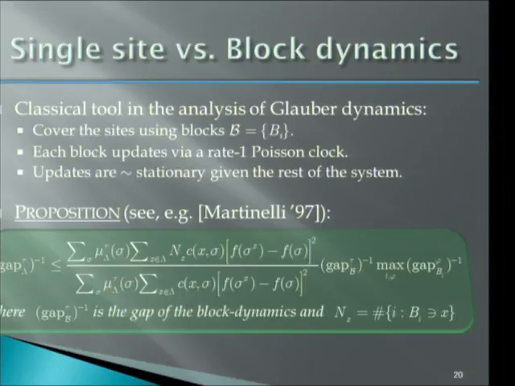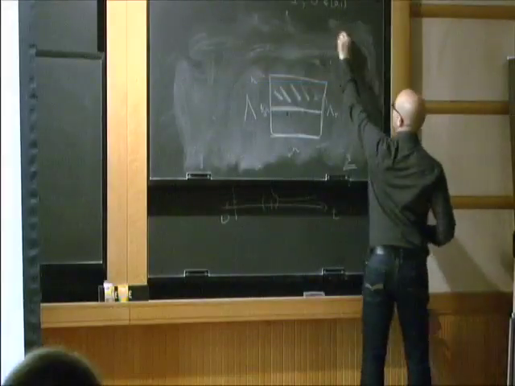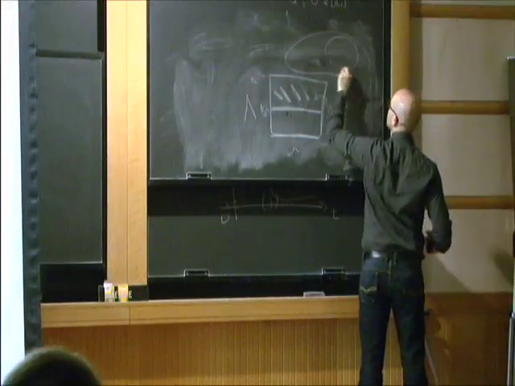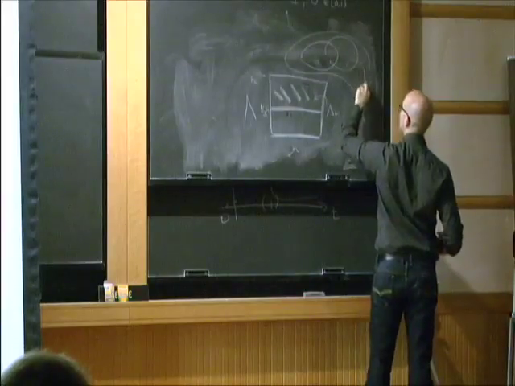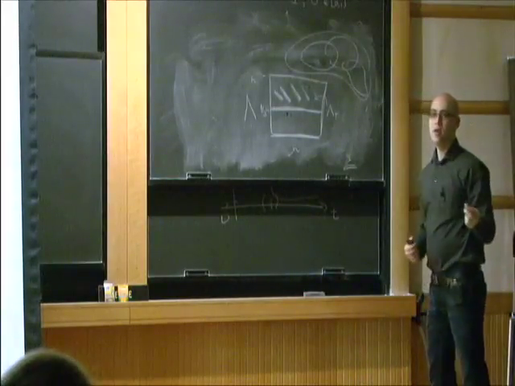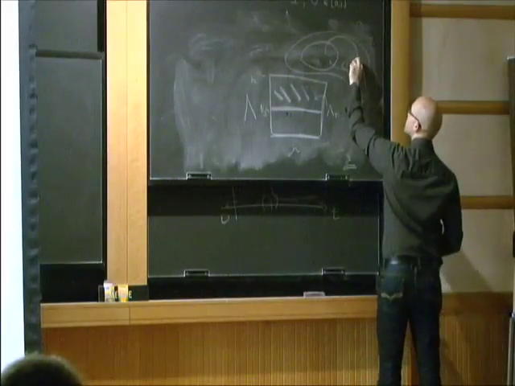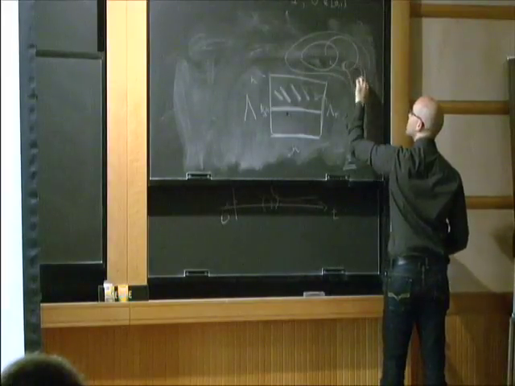So we have a block, we erase it. We have our graph, we partition it into blocks. They can be overlapping.